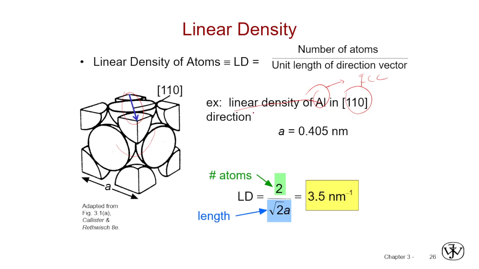And to find the linear density, first we should check the crystallographic direction, right? We know how to find the crystallographic direction. Usually in the question they would have given this 110.